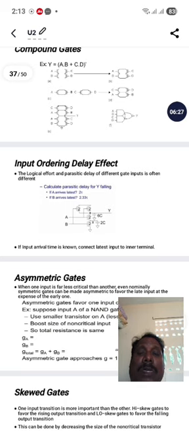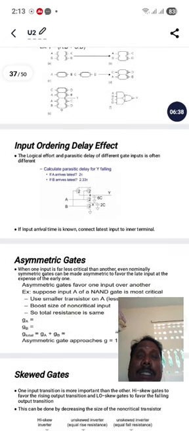If I order the inputs, first B and second A, I'll be getting the delay output. So this is the input ordering delay effect. Once it is designed, it will stay in the same manner for any kind of logic circuits. If the input arrival time is known, connect the latest input to the inner terminal.